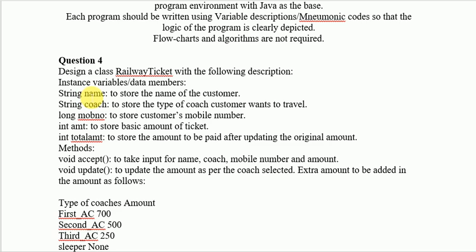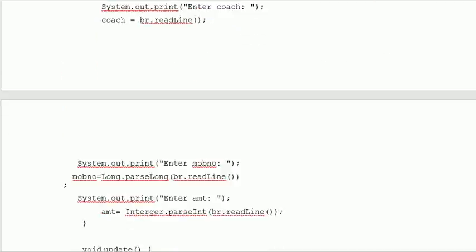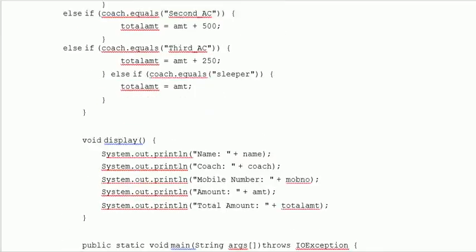So you can write name, then String, and then the description is to store the name of the customer, then coach, it is a String type to store the coach value, and so on. So you can make use of this. Actually I shall be making a separate video for telling you how you're supposed to write a variable description. So this was the solution for the first question of the programming section of this question paper.